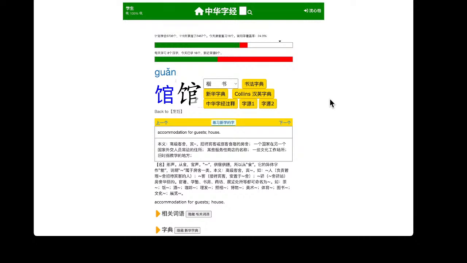So when you say 馆 in Chinese, it usually refers to some kind of building that has a public purpose. The building may not belong to public institutions, it may be private, but its function is for the public, for example a cafe. So this is 馆.